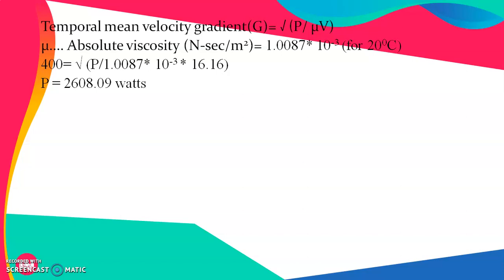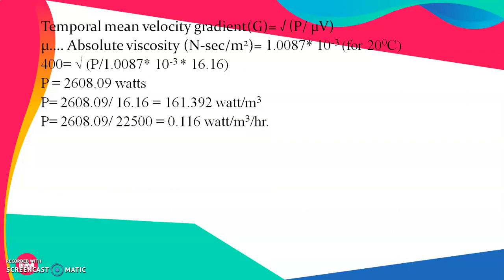So it will give us the value of P equals 2608.09 watts, which will be 161.392 watts per meter cube of the tank, and it will be 0.116 watt per meter cube per hour of the flow.